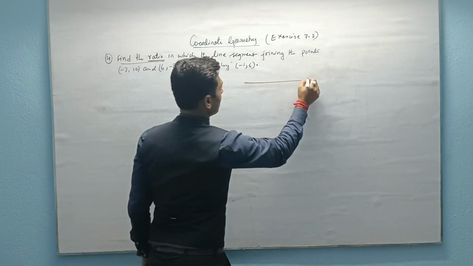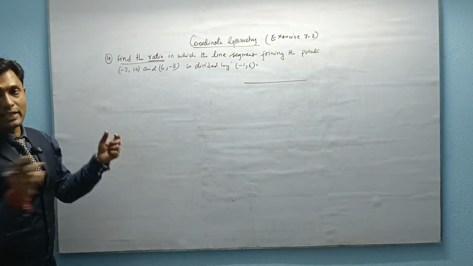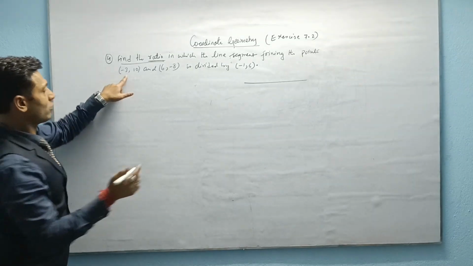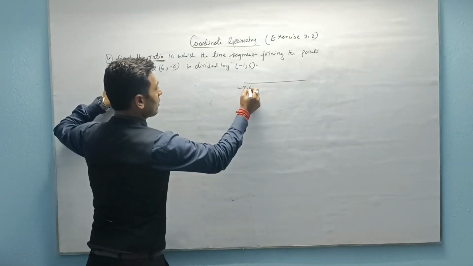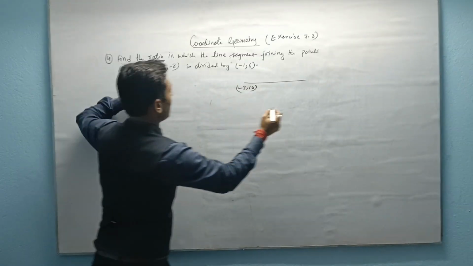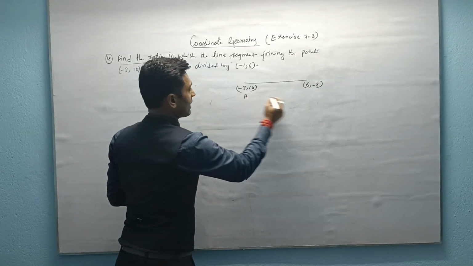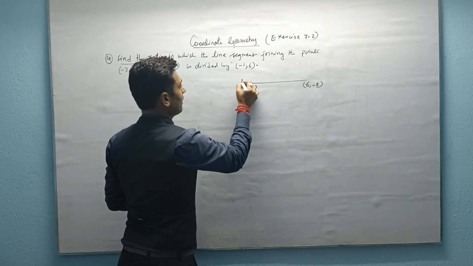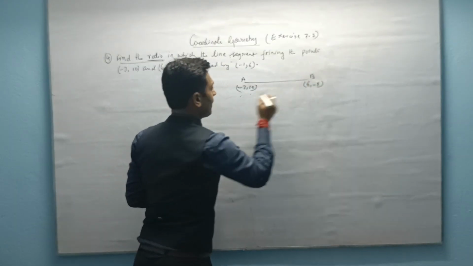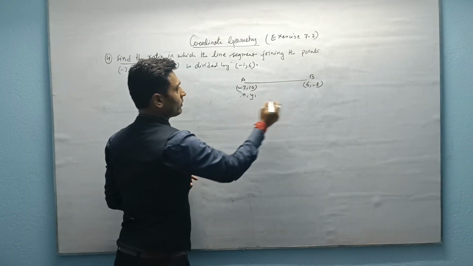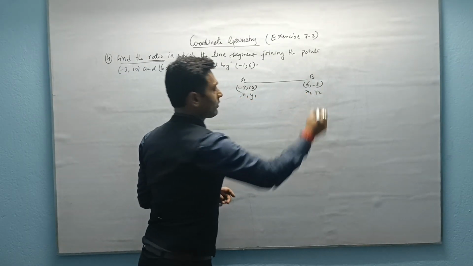It means we have this line segment joining 2 points. What are these 2 points? (-3, 10) and (6, -8). We'll mark these as A and B, with (x1, y1) and (x2, y2).